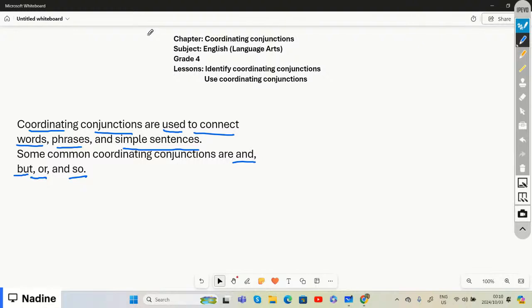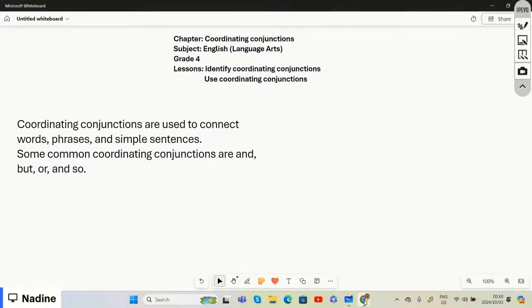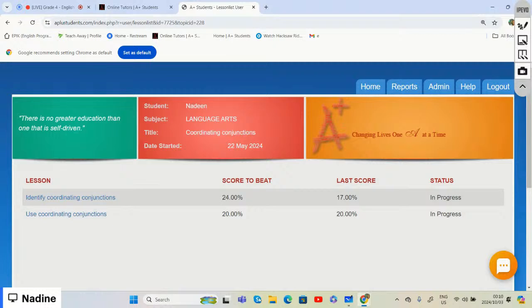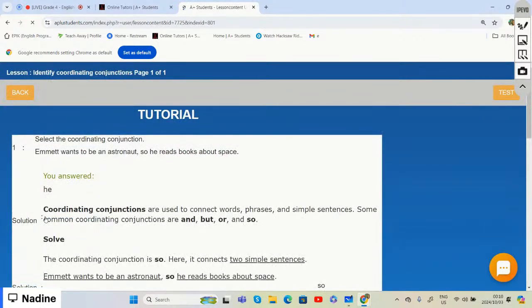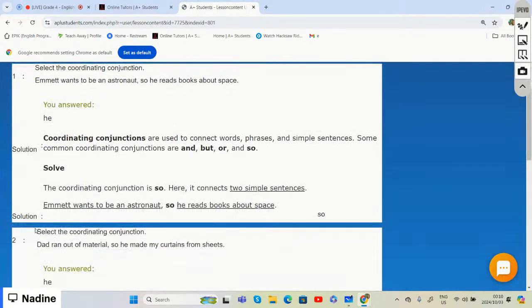All right. So now we're going to aplusstudents.ca where we are going to look at possible activities and examples on how to use coordinating conjunctions. And remember we said that it joins simple sentences, it joins phrases. So we're going to identify coordinating conjunctions that join words, that join phrases.